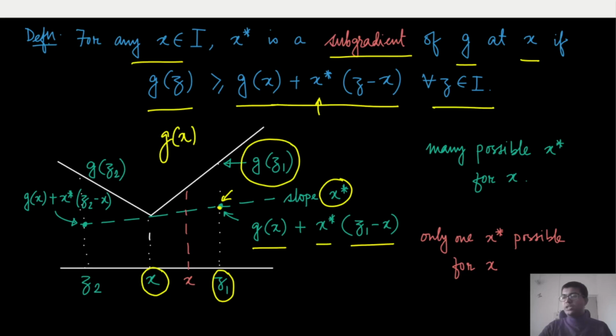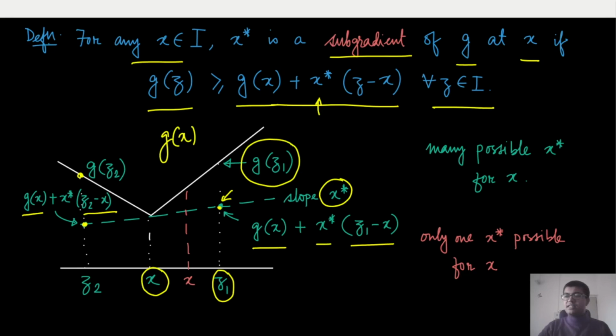Similarly, when you go the other direction, z2 is smaller than x, so this term is negative. So you have g(x) minus that value multiplied by x star. That will lead you to this point here, and the value of g of z2 is above this value.